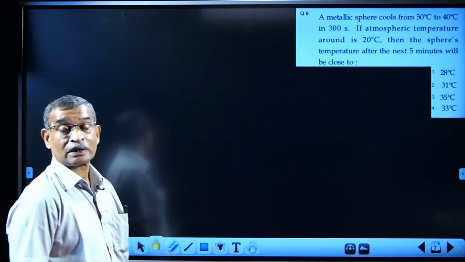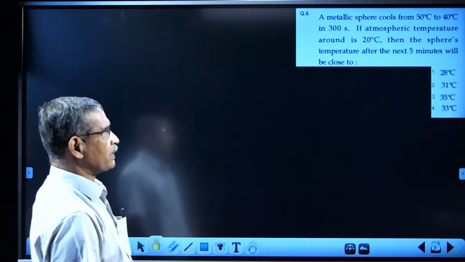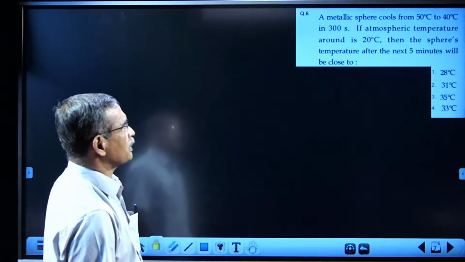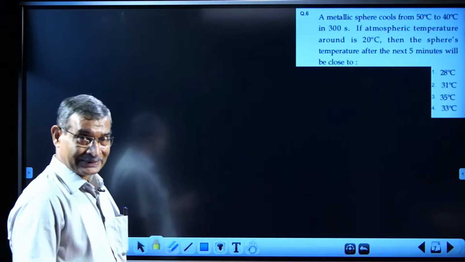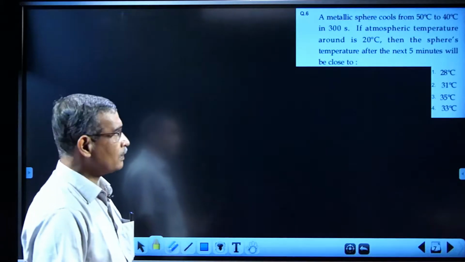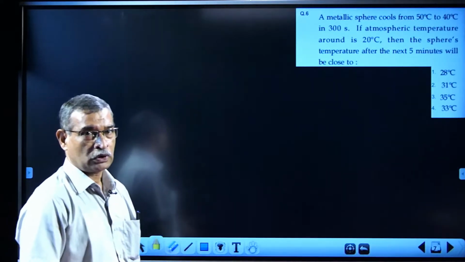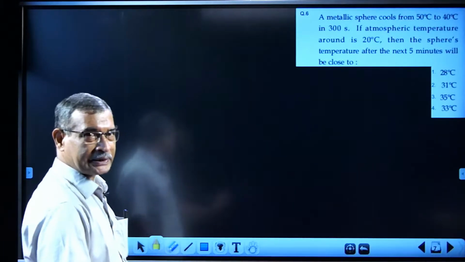Earlier 300 seconds means 5 minutes, and the same interval is given again. The fall in temperature in the first interval was 10 degrees, so in the second case it is less than 10. It was 50 to 40, next it is 42 or so, so the temperature is definitely not 30 but greater than 30.